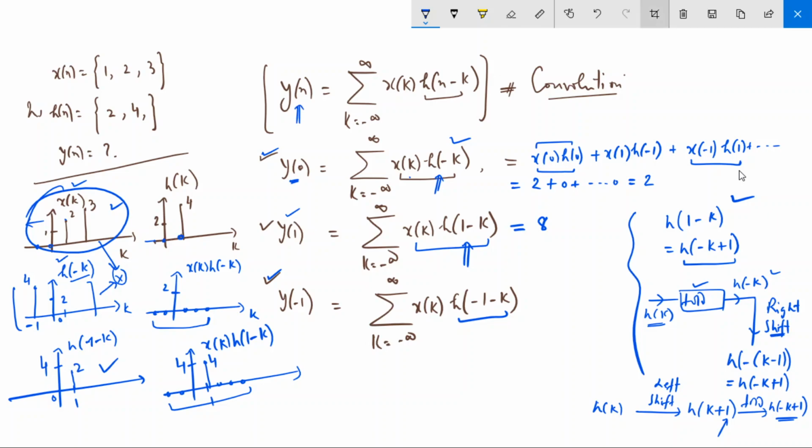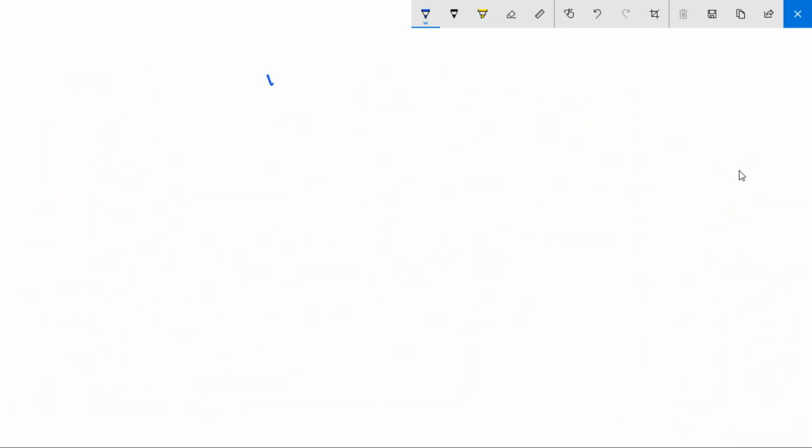Okay. So every time you compute the output using the convolution, you have to use these 4 operations. So you have y of n is equal to summation of x of k, h of n minus k. What is the procedure to find the output of convolution?